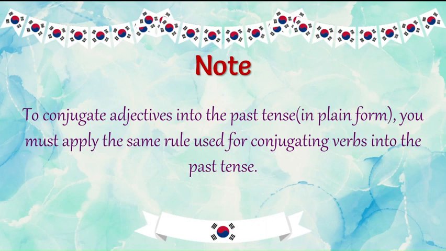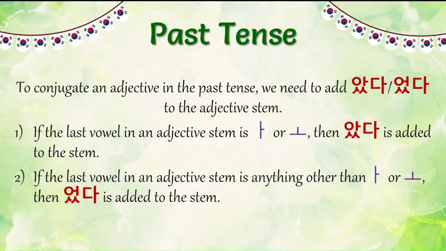So let's start. Now the rule for conjugating adjectives in the past tense is you have to add either 았다 or 었다 to the adjective stem for conjugating it in the past tense. Now here there are two cases.